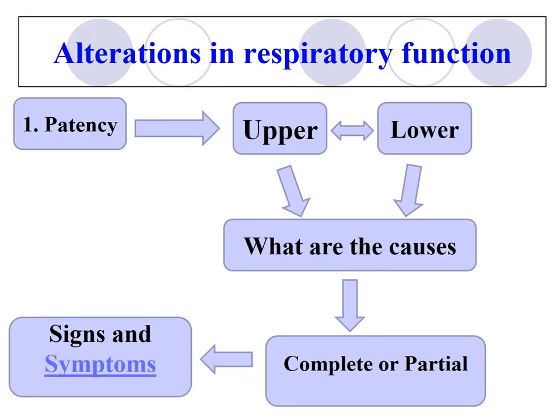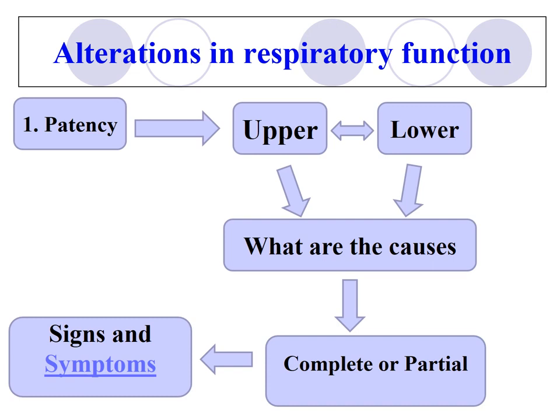The cause, in the lower airway, might be bronchial spasm. Those who have bronchial asthma, it will affect their respiration. So there are many causes that will interfere with the patency of the respiratory canal and interfere with the respiration.